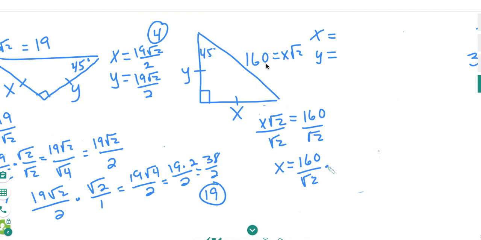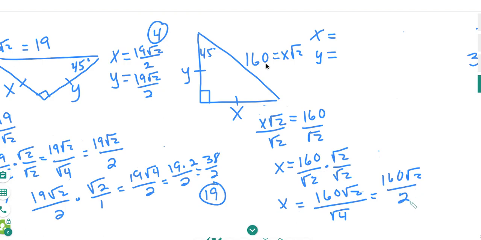Now we're going to rationalize the denominator by multiplying by the square root of 2 over the square root of 2. And we're going to have x is equal to 160 square roots of 2 over the square root of 4. This is going to give us 160 square roots of 2 over 2. You'll notice every time we rationalize a denominator, we simply get the denominator without the square root sign.